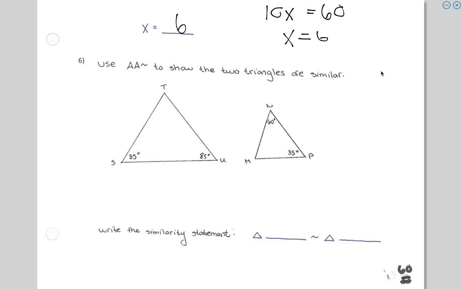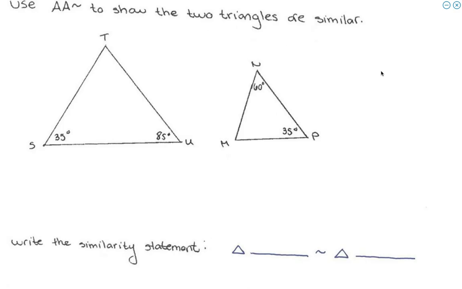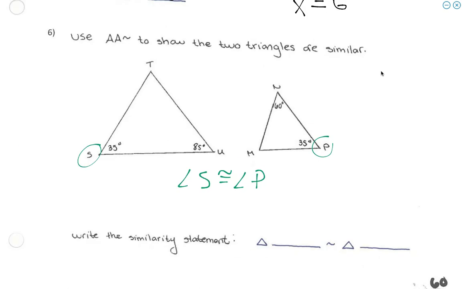All right, number 6, use angle to show the two triangles are similar. So I see that S and P are the same. Now it's up to me. I could try and figure out what T is and hope that it's 60, or I can find out what M is and hope that it's 85.